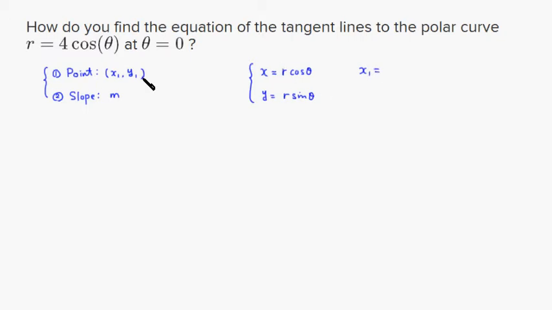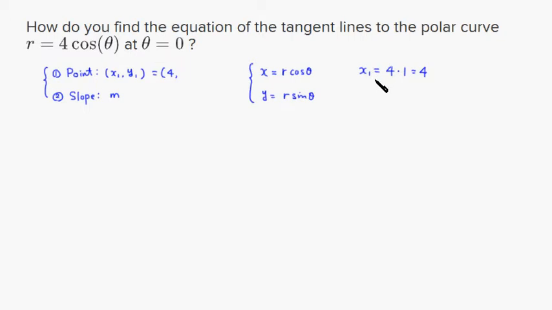R is 4 times cosine of 0, which is 1, so r is 4 when theta is 0. So x1 is 4. We're just finding the xy coordinates when theta equals 0.